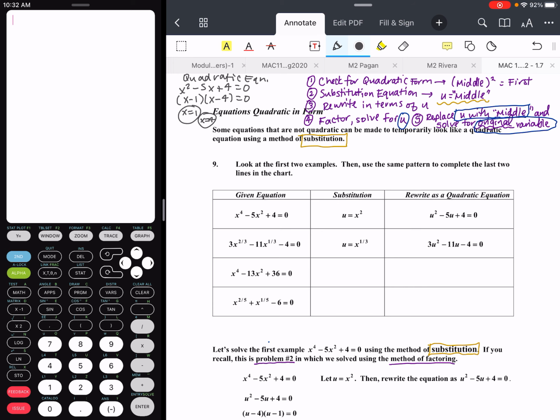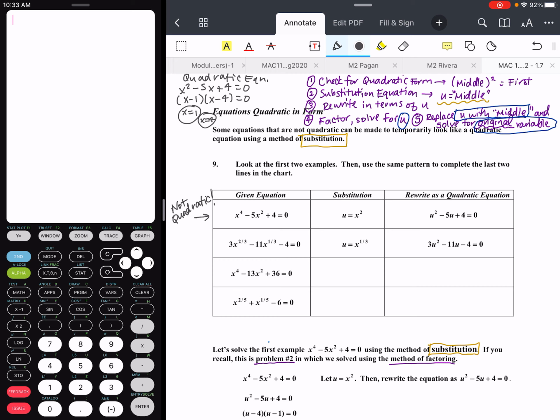What's new in this section is we're going to have something like this: x to the 4th minus 5x squared plus 4 equals 0. So this guy is not quadratic, right? It's not quadratic because it's a degree 4 polynomial, but it's quadratic in form.